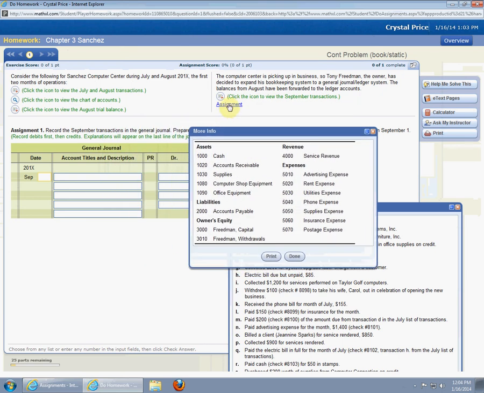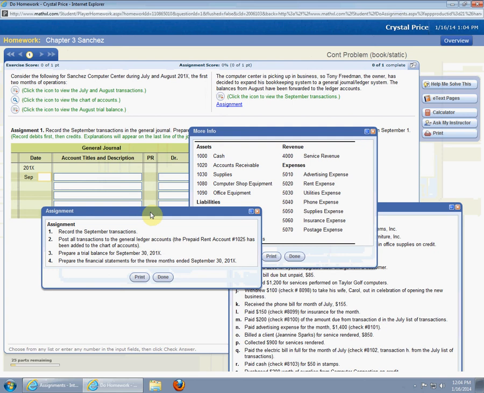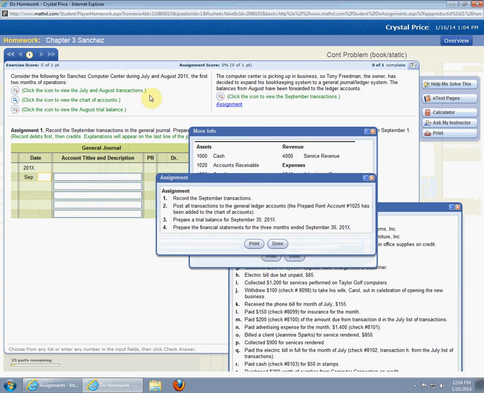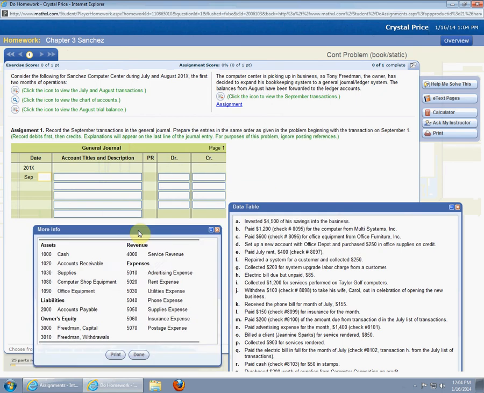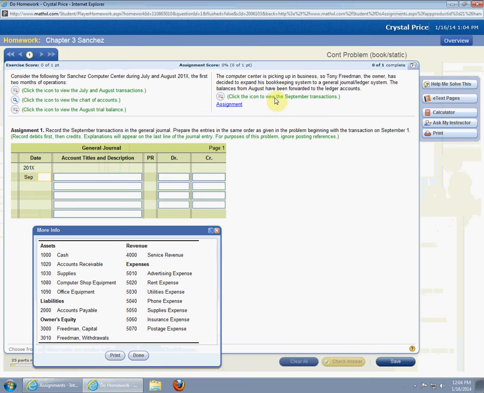The assignment says record the September transactions. We're recording the September transactions. You're right. So I need to go to that, it's showing us what we did in July and August, and now I need to see the September transactions. Thank you. Okay. You're right. Okay. Get rid of that. I'm sorry. We need to go to these transactions.